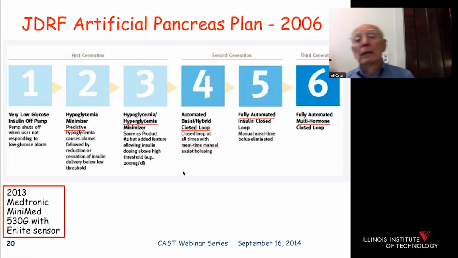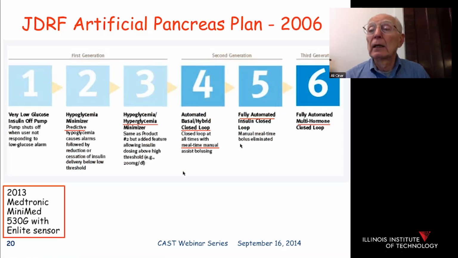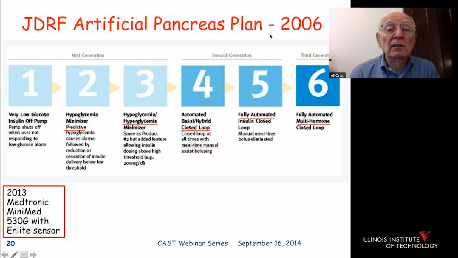One critical contribution has been a plan that was proposed by the Juvenile Diabetes Research Foundation in 2006 with a six-stage or six-level development with 3 different generations of artificial pancreas.